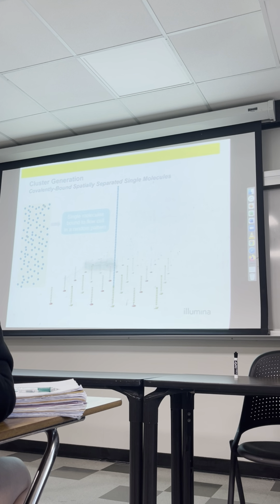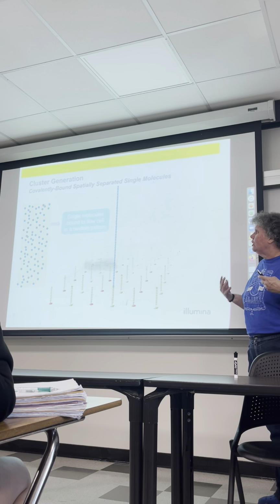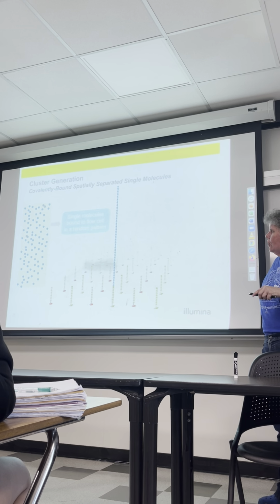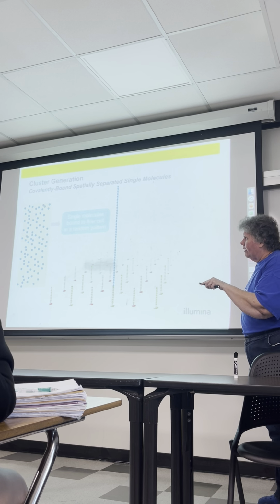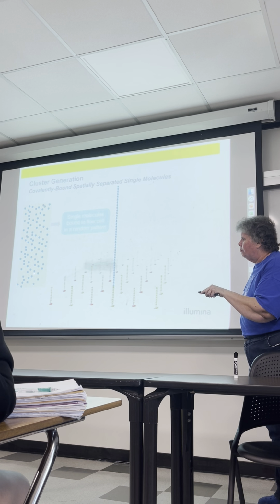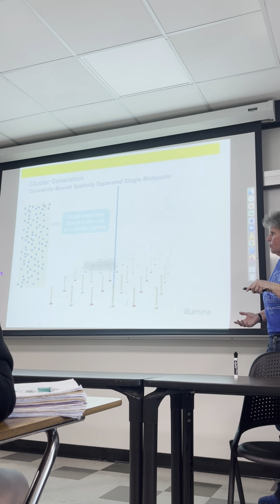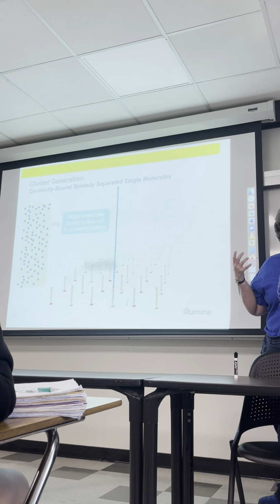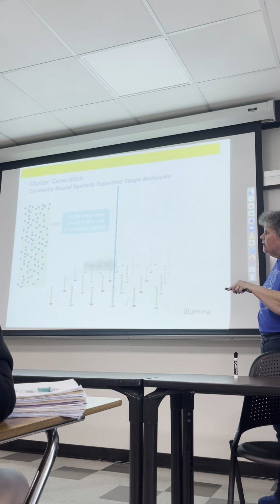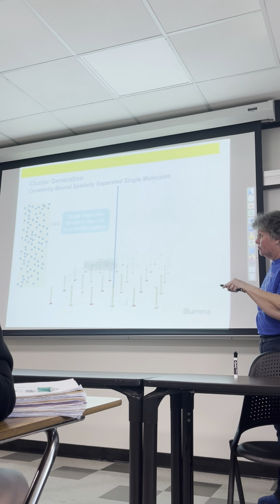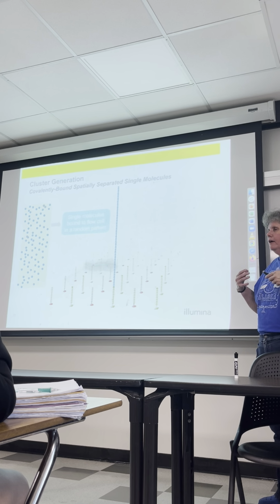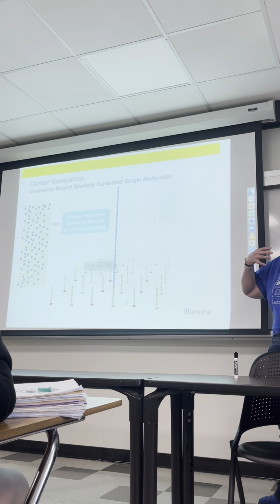Okay, so you're going to next do what's called cluster generation. So you ideally want single molecules bound, say, in the middle of each of these little dots. And these dots would just represent where a single molecule ends up binding. It's not like you have a template that says, okay, here's a dot, there must be DNA attached here. It's, where does DNA on average attach?